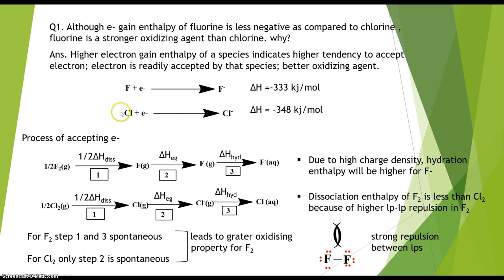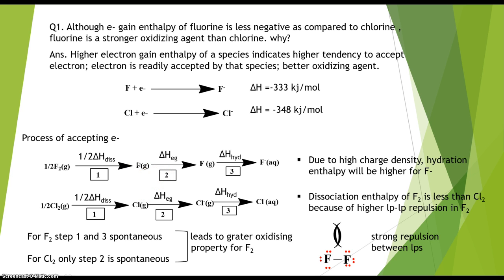That means the process of accepting an electron in the case of chlorine is much more spontaneous than in the case of fluorine. That means step 2 is more spontaneous for chlorine than fluorine.